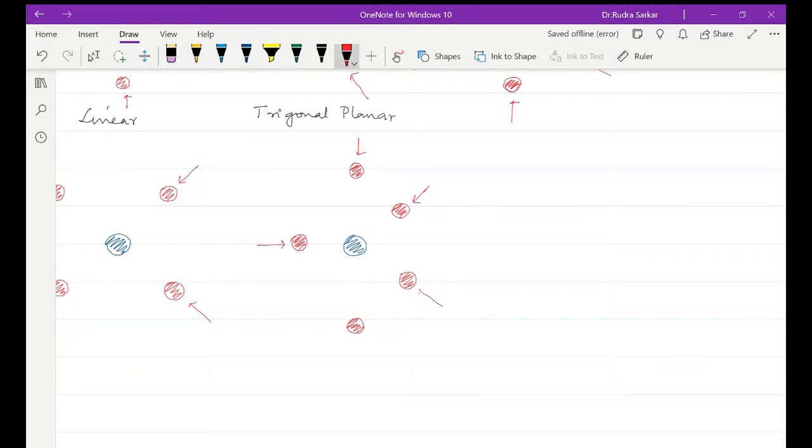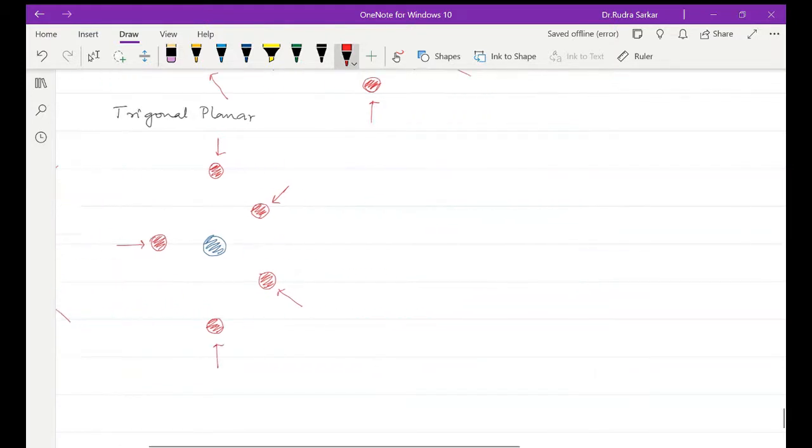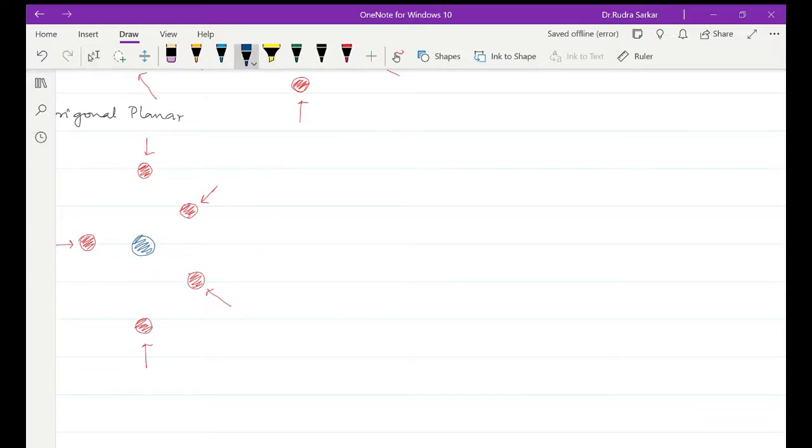That is how they are entering. Okay, or one can say they are coming along the vertices of a square pyramid, which is in that manner.